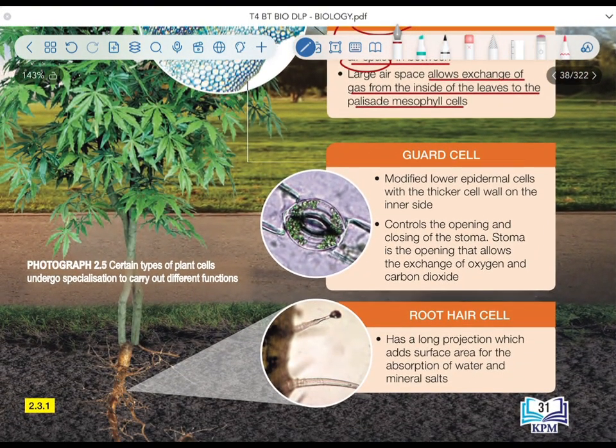Next, the guard cell. It is actually a modified lower epidermal cell with a thicker cell wall on the inner side. The important thing is that it controls the opening and closing of the stoma. The stoma is the opening that allows the exchange of oxygen and carbon dioxide.